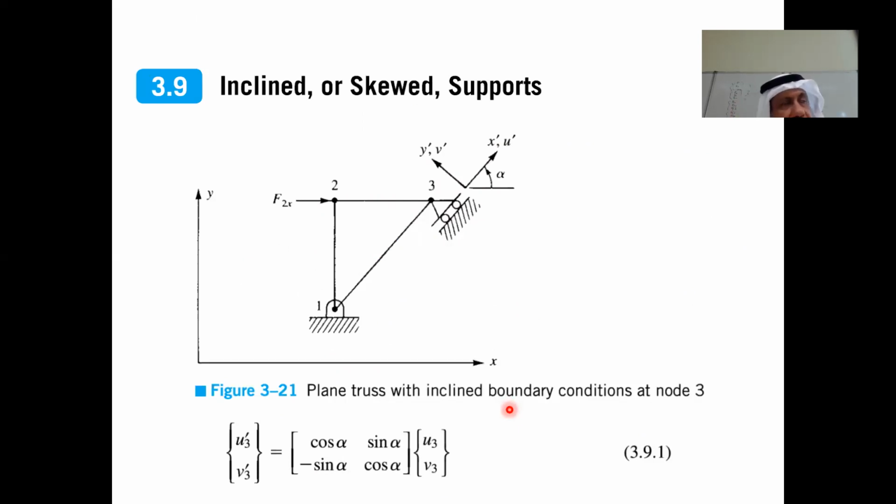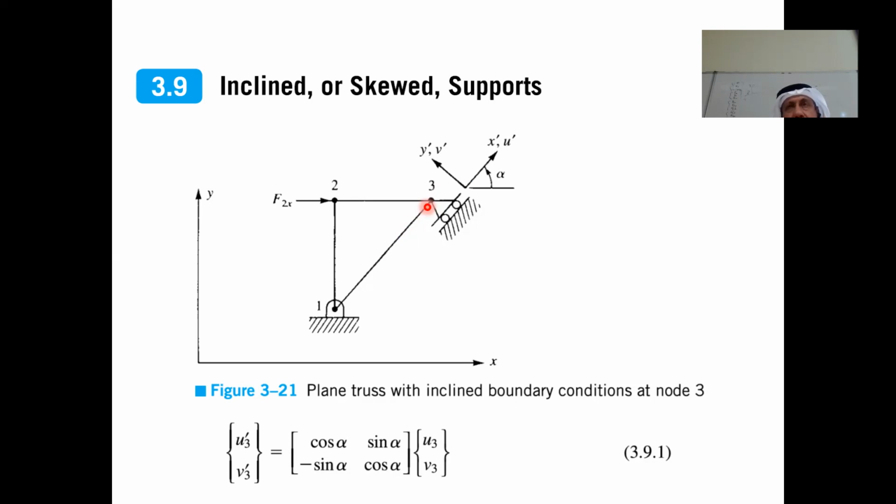This is your task for next Sunday. Tell me now, what would be the boundary condition here? There is a hinge here. You will tell me U1 is 0, U2 is 0. Always you have to define your displacement with respect to the global. Here at node 3, if it is moving this way, it means it has displacement in X and in Y. So how to solve this?